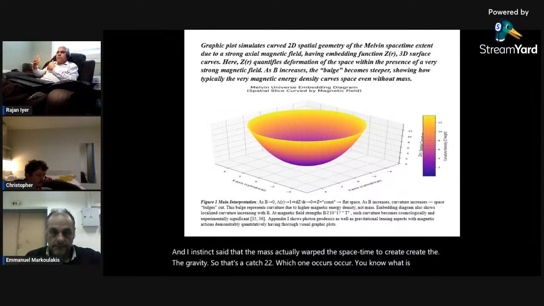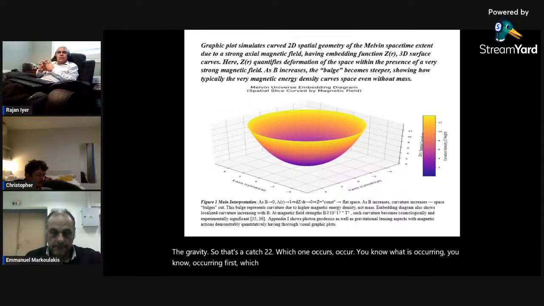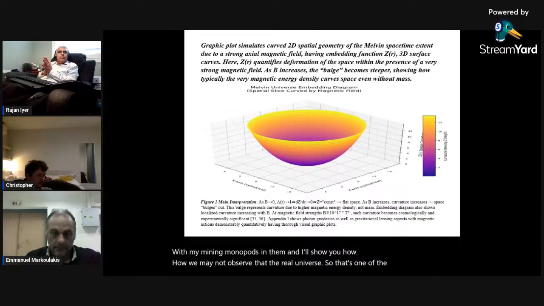Which is primordial, which is before that? Based on our work, we believe it is superluminal with magnetic monopoles in them, and I will show you how we may not observe that in the real universe. That's one of the theses in what I'm going to present.